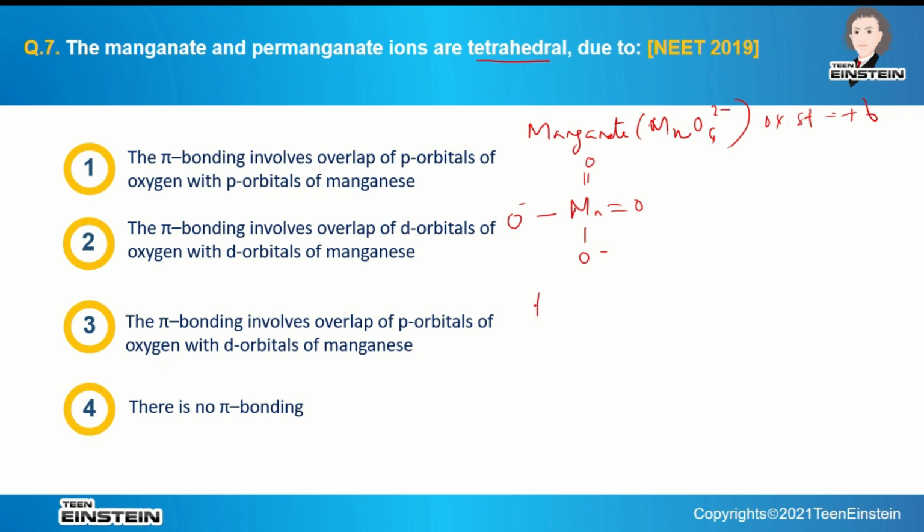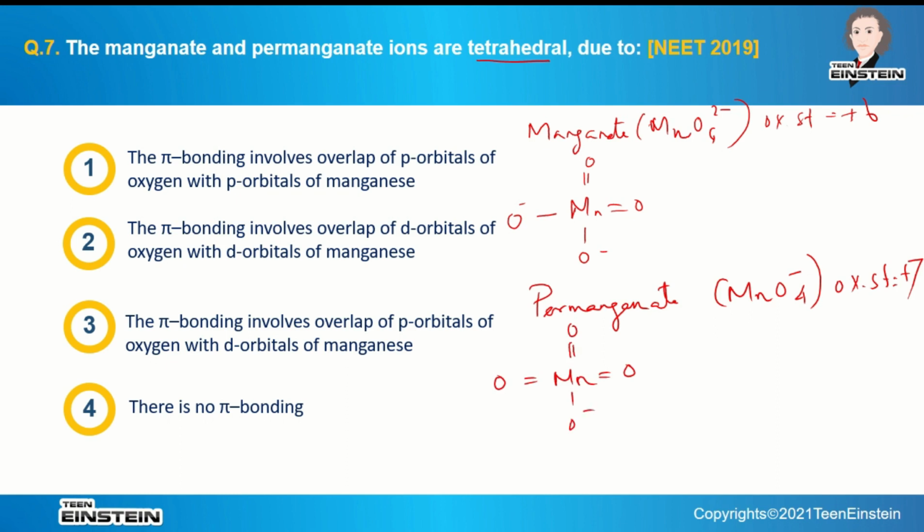Next move on to permanganate, that is MnO4 minus. Here the oxidation state is +7. So we draw the structure of permanganate: Mn double bond O, here O minus.